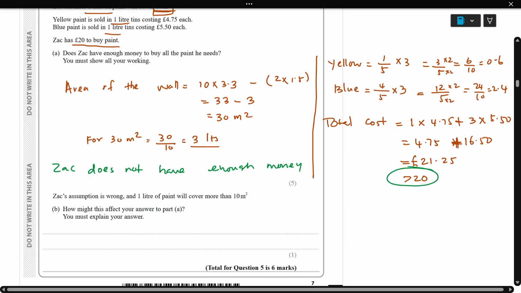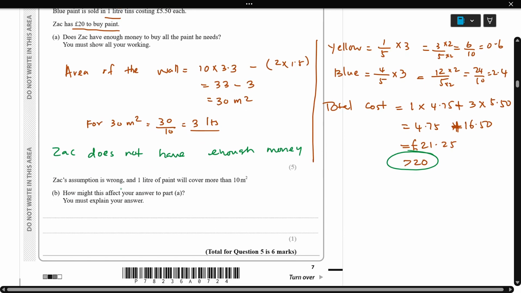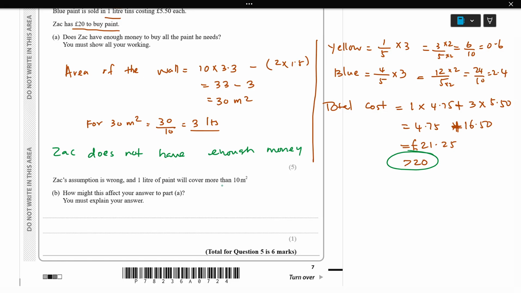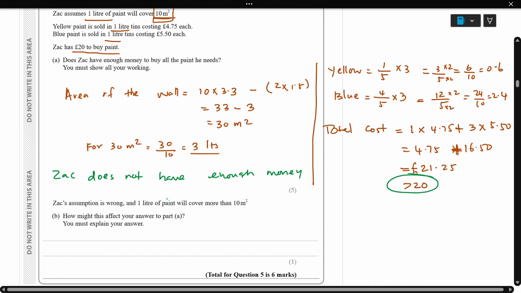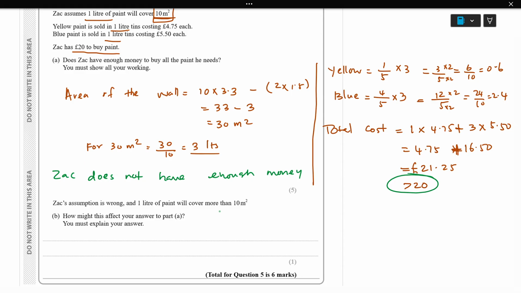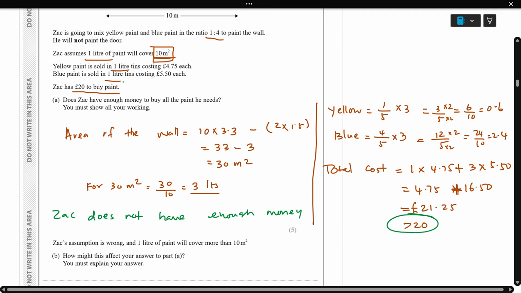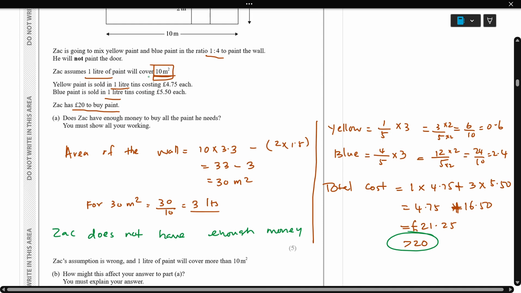Now the second part: the assumption is wrong, and 1 liter of paint will cover more than 10 square meters. How might this affect your answer to part A? Now we can write, it may change, because before his assumption was 1 liter per 10 square meters.